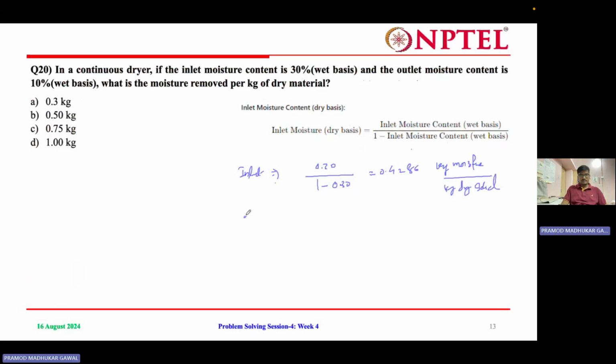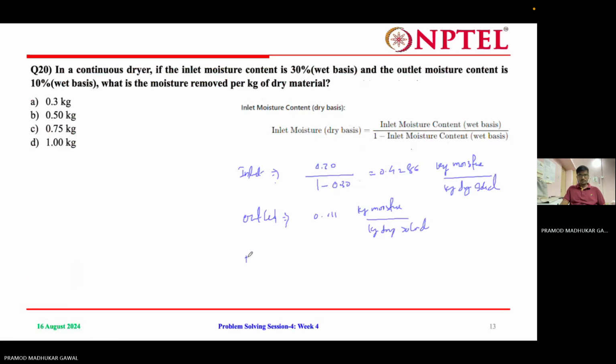Similarly, the outlet is 0.111, the unit is the same, kg moisture per kg dry solid. So moisture removed is inlet minus outlet.